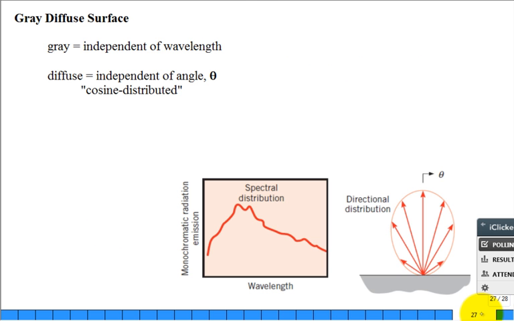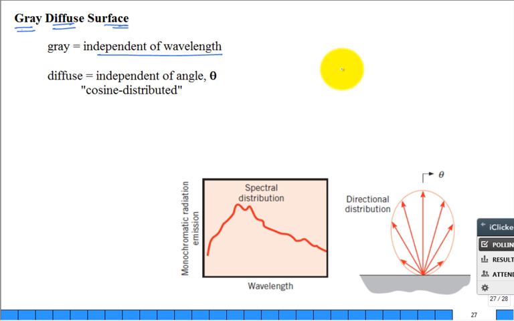So one of the things we're going to do when we move to the next chapter, we're going to talk about gray diffuse surfaces. What do you mean by gray? It's independent of the wavelength. Yes, we know that the properties are dependent on wavelengths. And we have to be careful when you have the sun in the picture, because the wavelength distribution of photons from the sun is a lot smaller. 0.2 to 2 micron is where it's most intense.